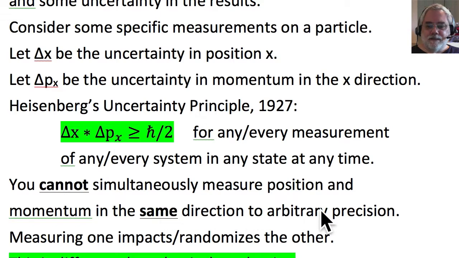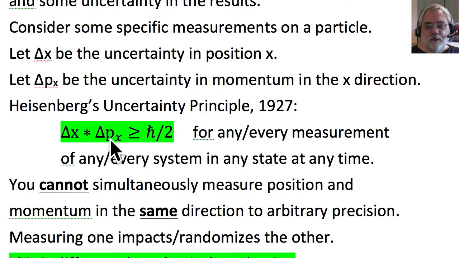Quantum mechanics says, nah, you can't do that. When you make the measurement of position, you can get back a very accurate measurement, but the measurement process itself impacted and randomized the momentum instantaneously.